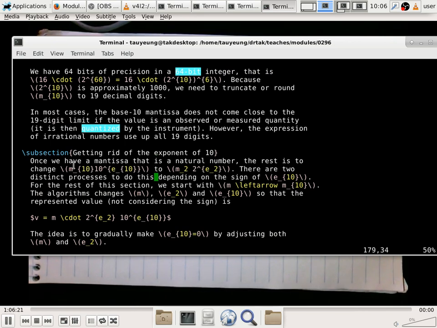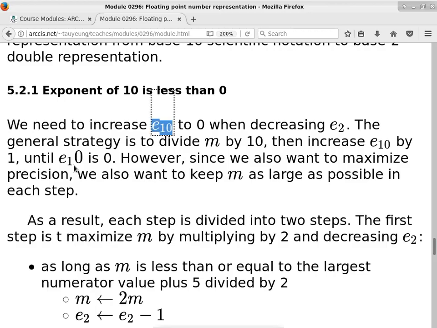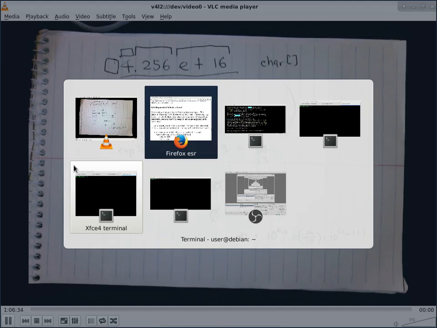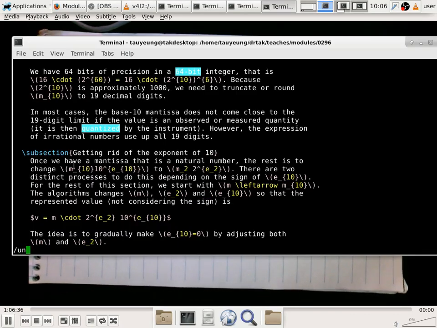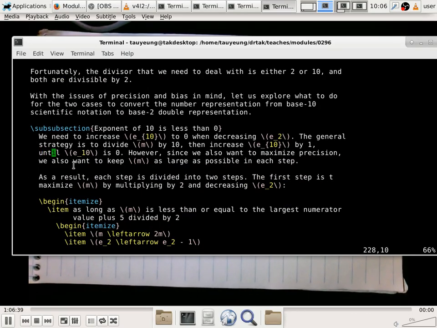There we go. I forgot to group 10 into a group so that it will all be a subscript.